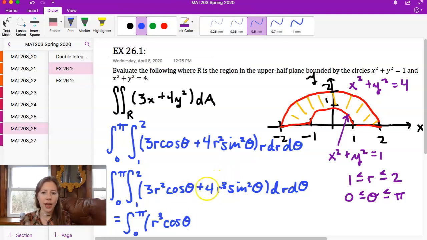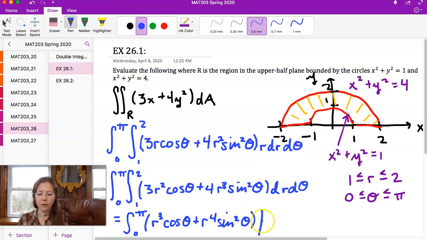And then 4r cubed sine squared theta becomes 4r to the 4th over 4 sine squared theta, so plus r to the 4th sine squared theta. We're going to evaluate this from 1 to 2 for r, and we're still left with a d theta.